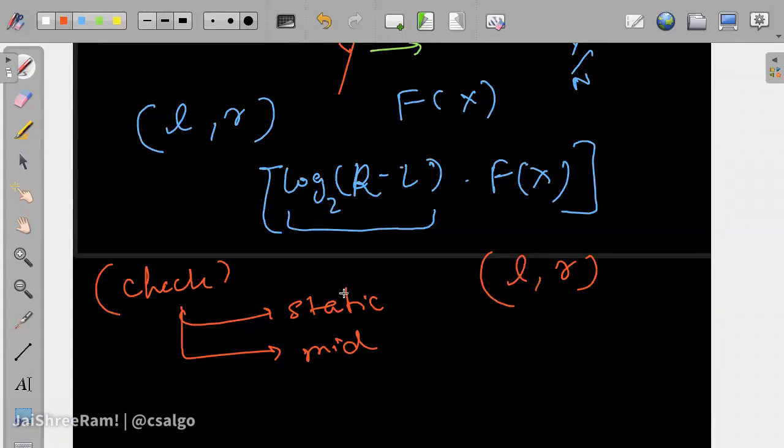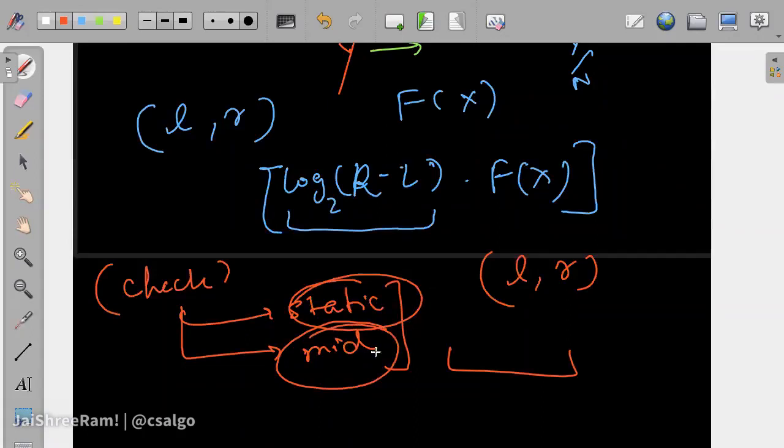The check function might use some value that is inferred from L and R, like some array sums from L and R, but it should not directly use L and R in the check function. As you keep practicing more problems on binary search, you will understand what to keep in check and what are the things that you need in check. That comes with practice. But generally you can use anything that is static or the mid value that you're searching, right? Mid obviously you need to pass, otherwise how do you check?